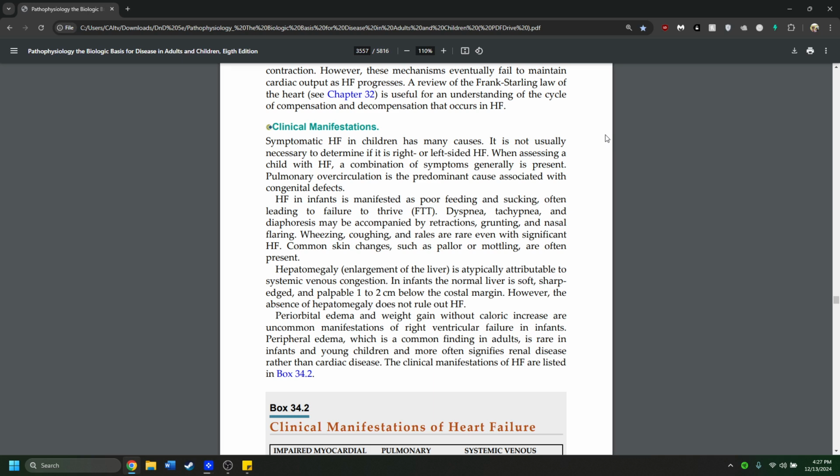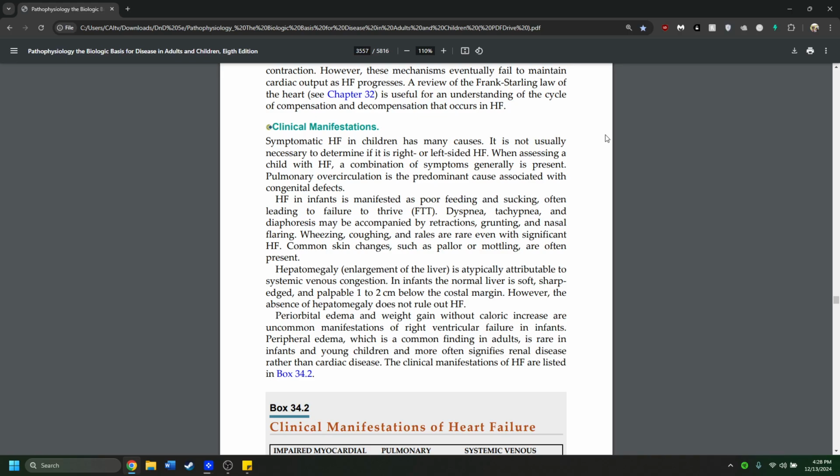Hepatomegaly, or an enlargement of the liver, is attributable to systemic venous congestion. In infants, the normal liver is soft, sharp-edged, and palpable to 1 to 2 centimeters below the costal margin. However, absence of hepatomegaly does not rule out heart failure.